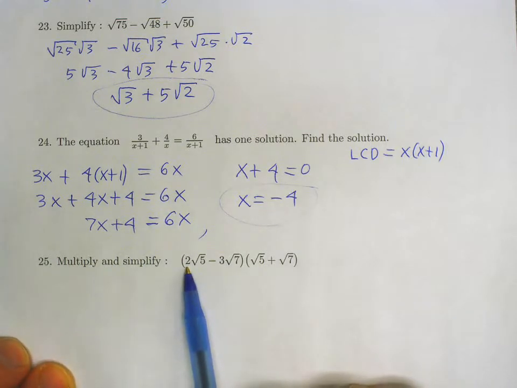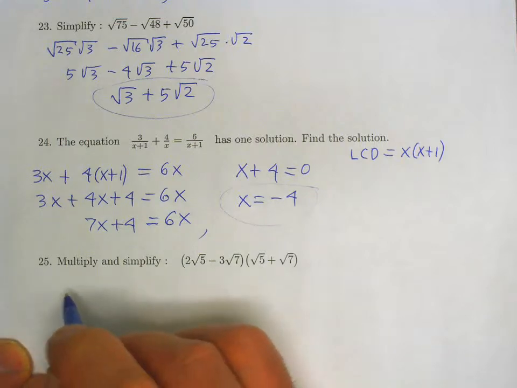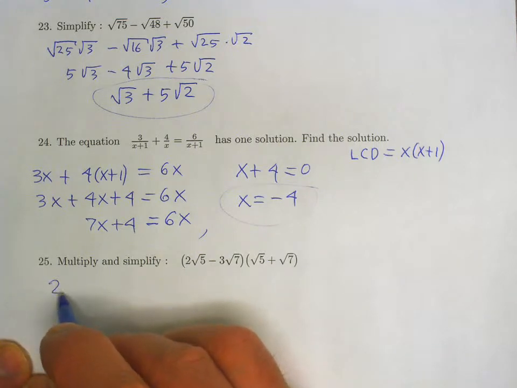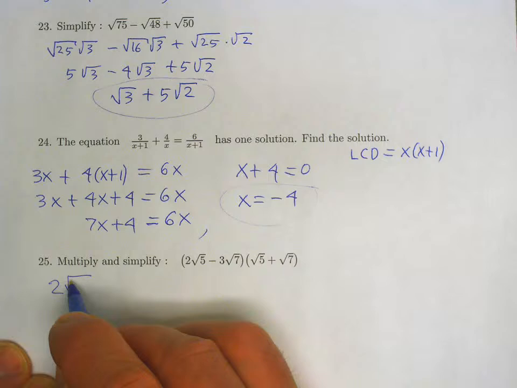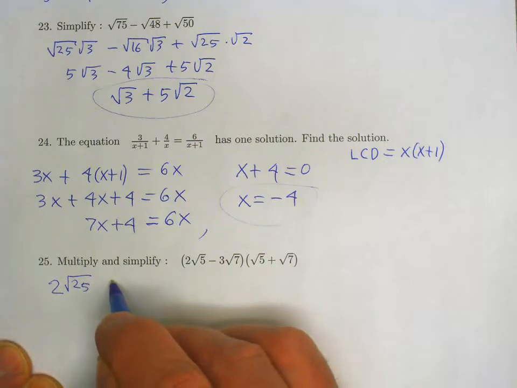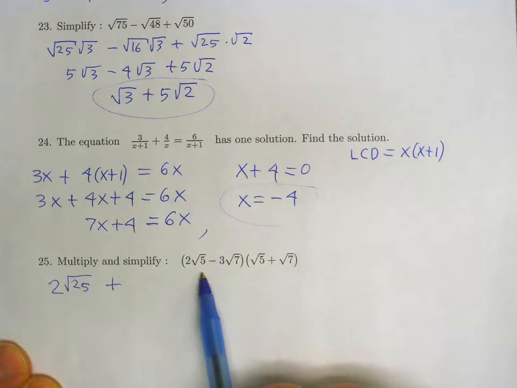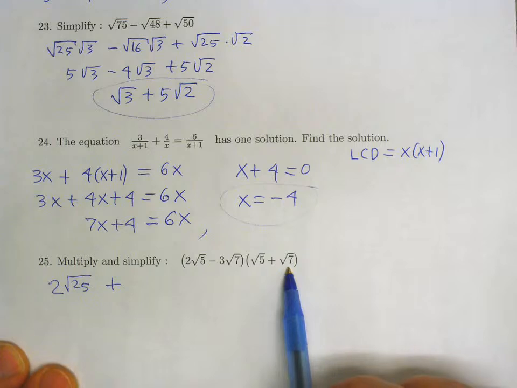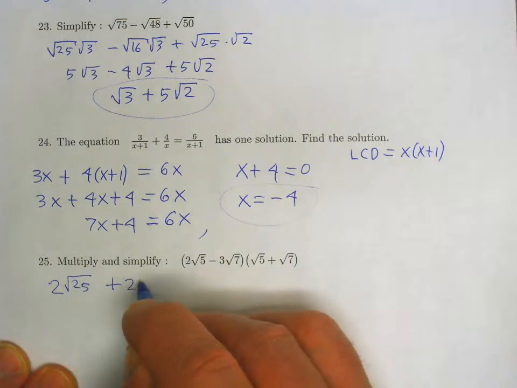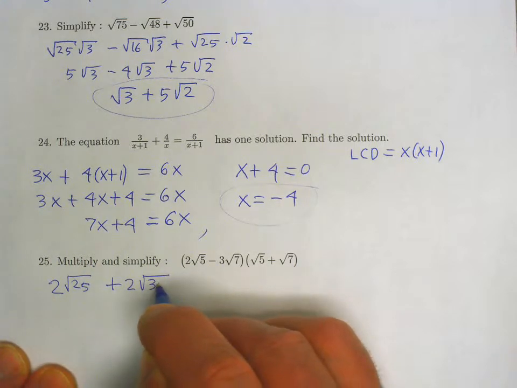So 2 times the square root of 5 times the square root of 5 is 2 times the square root of 25. And then plus 2 times the square root of 5 times the square root of 7 is plus 2 times the square root of 35.